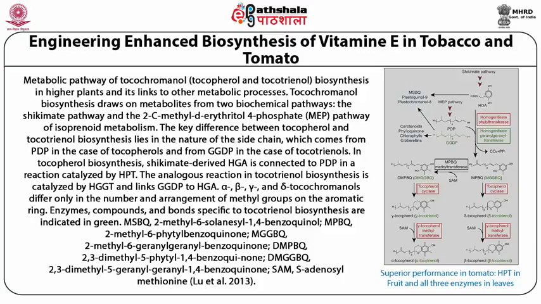This is one of the ways to fortify the fruits with vitamins. So we can utilize several different pathways to incorporate and produce different types of vitamins necessary for human health.